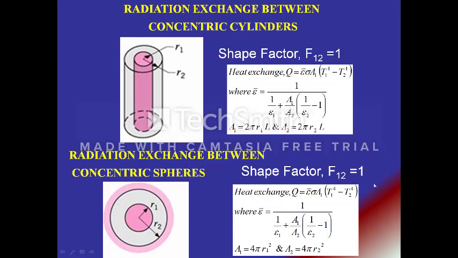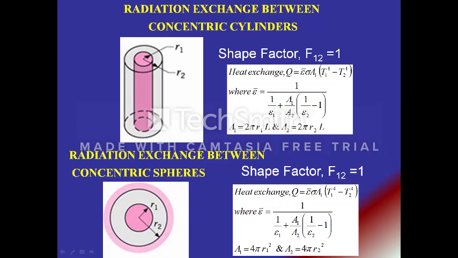So you can say shape factor 1 to 2 is equal to 1. Similar to the cylindrical case, Q is equal to epsilon bar into sigma into A1, the surface area of the inner sphere, into T1 power 4 minus T2 power 4, and epsilon bar is equal to 1 by epsilon 1 plus A1 by A2 into 1 by epsilon 2 minus 1.